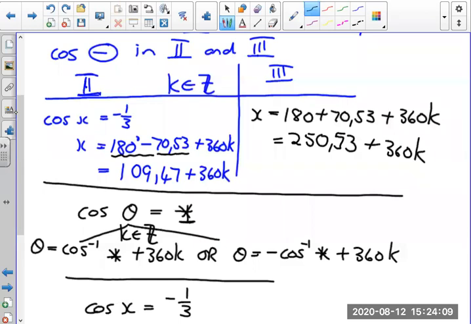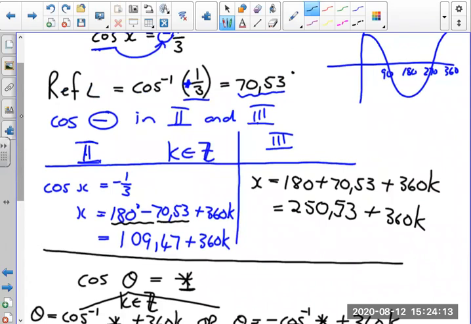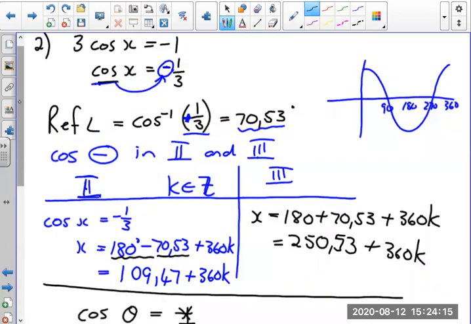Now, how do I know I must subtract it from 180? Because they gave me the sum cos is negative. Cos equal to negative. Now, that's the point. If you want to get the reference angle, you must ignore that negative.